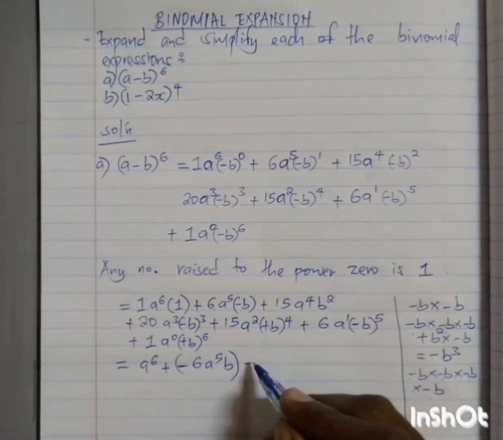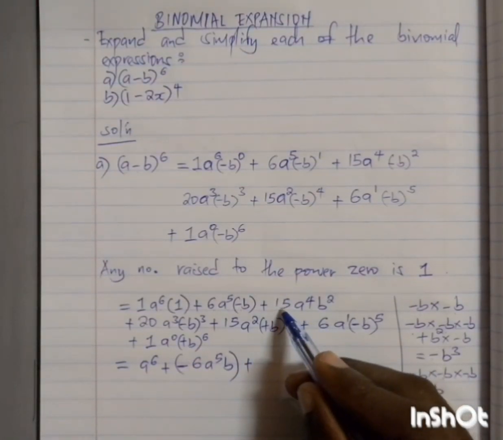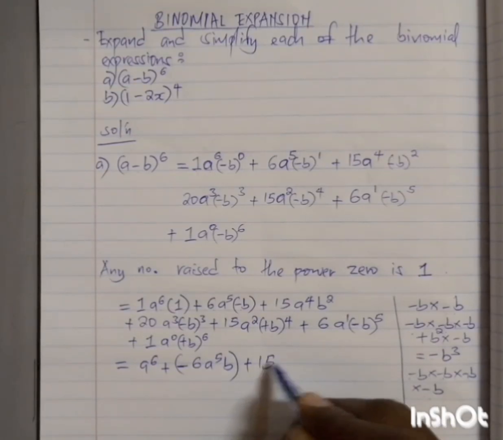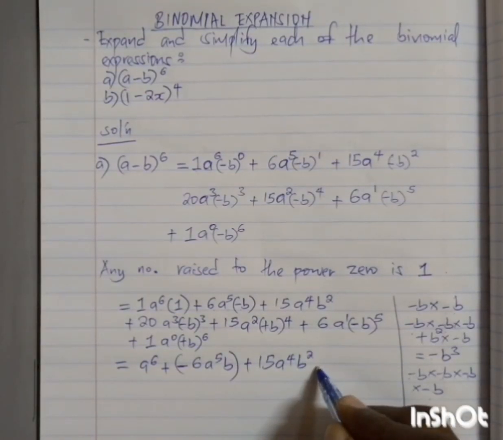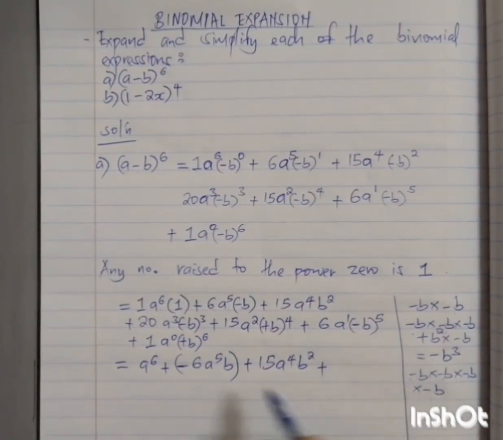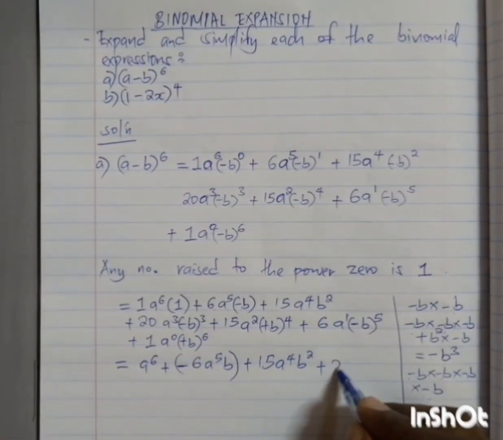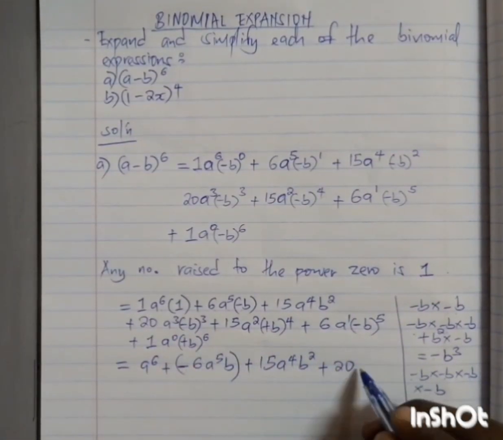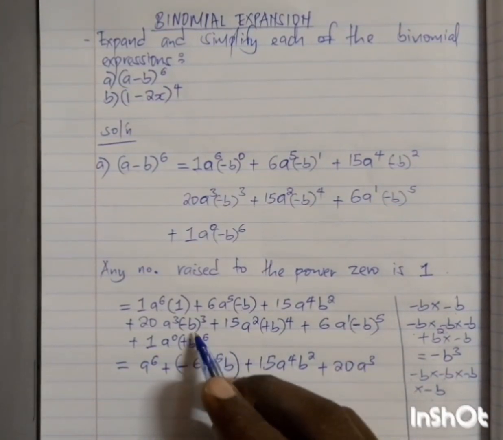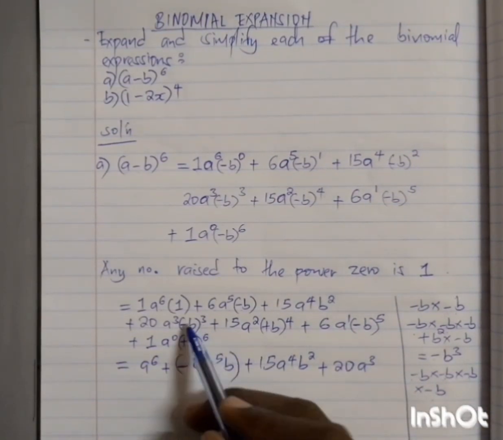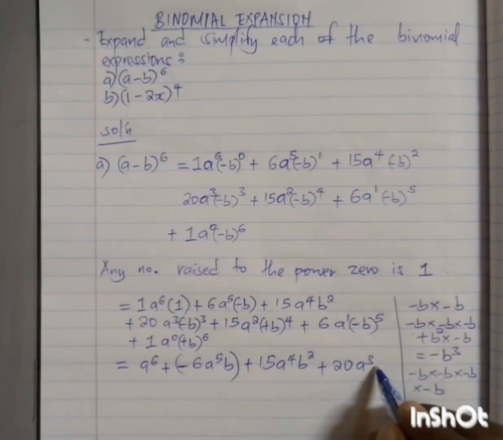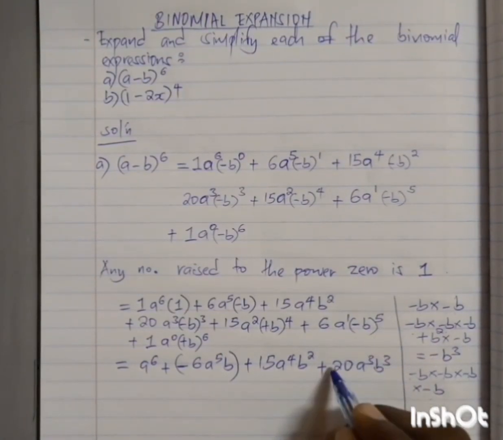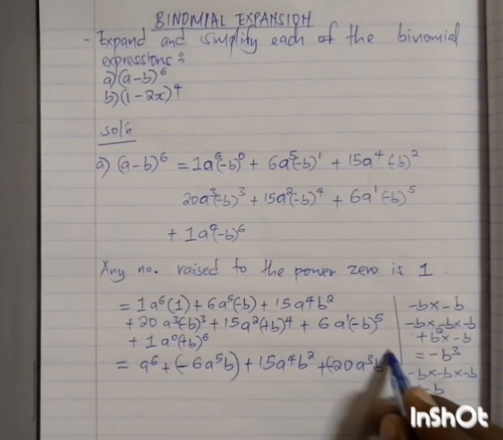And then we have plus 15 a to the power 4 b squared, plus we have 20 a cubed negative b cubed. This one will be negative, so the negative we can write in front.